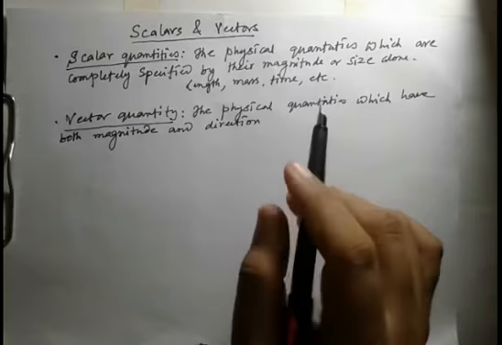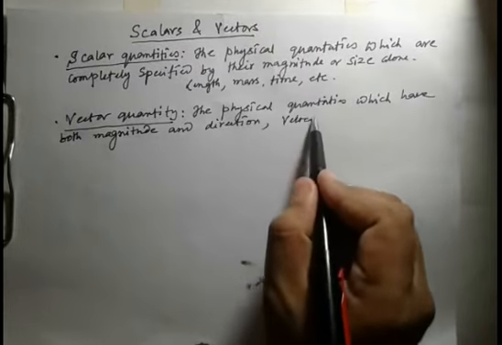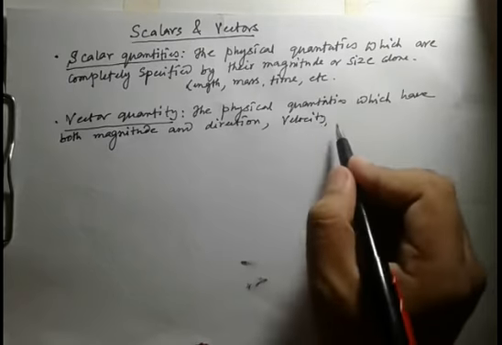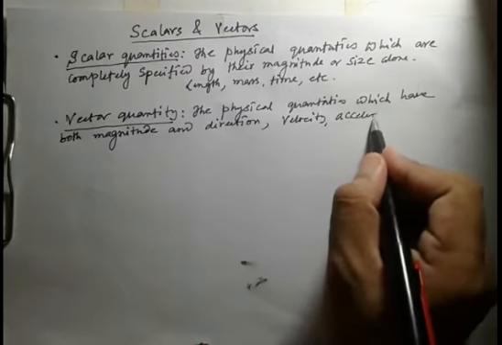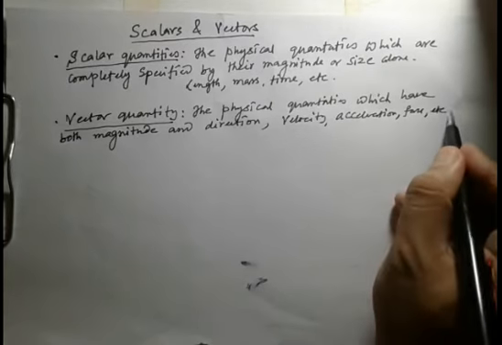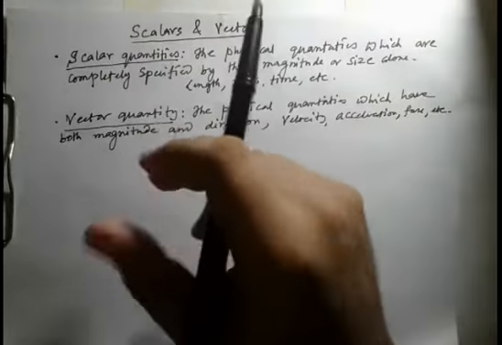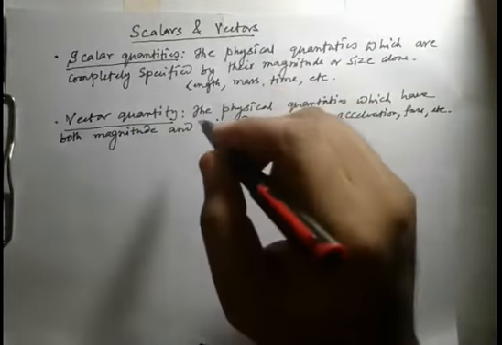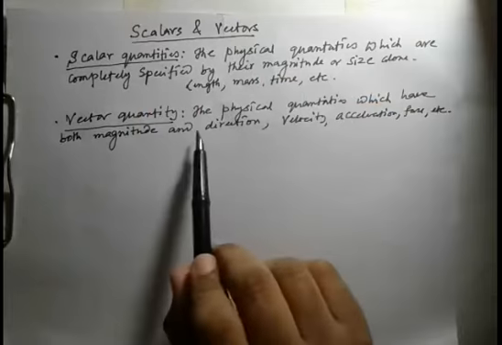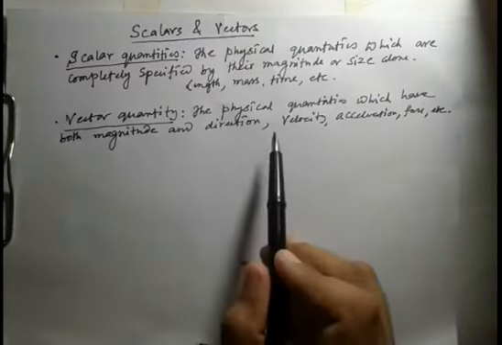Okay, so vector quantities are like velocity, acceleration, force, etc. Now scalar quantity there is no problem actually, but in vector quantity I want to explain it clearly. The physical quantity which has both magnitude and direction is known as the vector quantity. That is the meaning of this one.